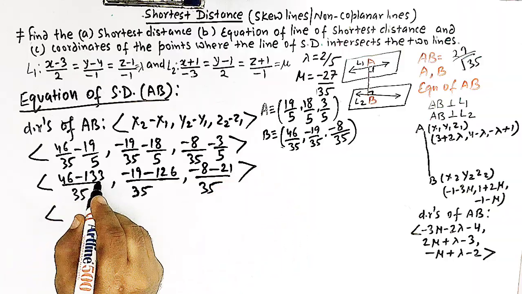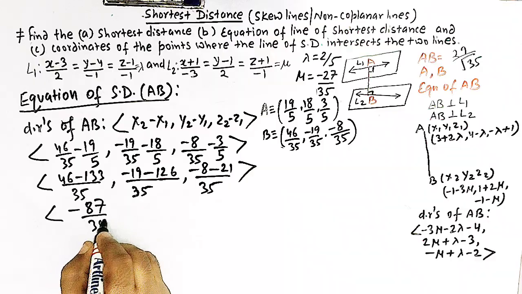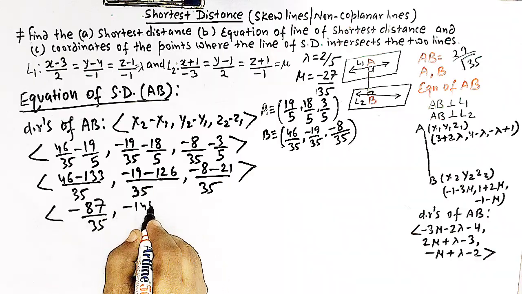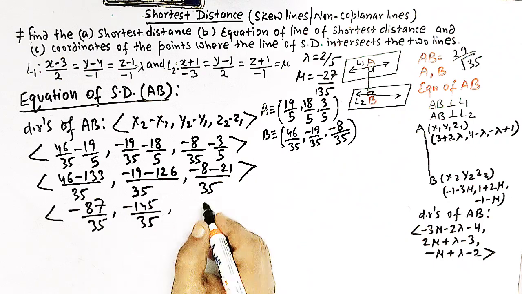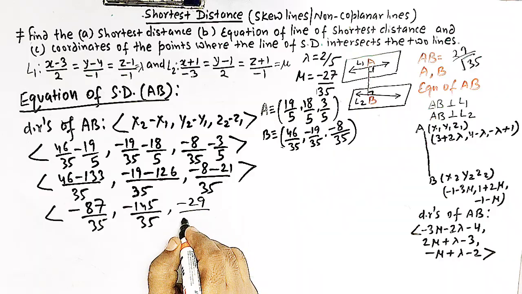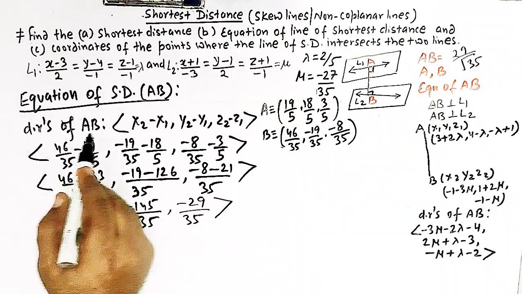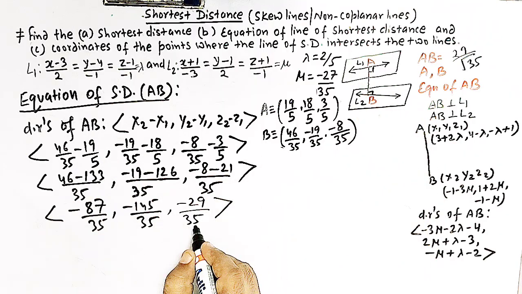So we have here minus 87 over 35, and here we have minus 145 over 35, and then we have here minus 29 over 35, right? So the direction ratios of AB are given by these three numbers, right?